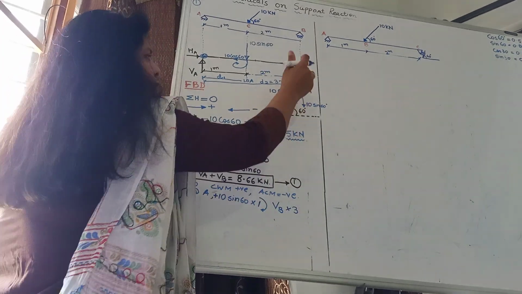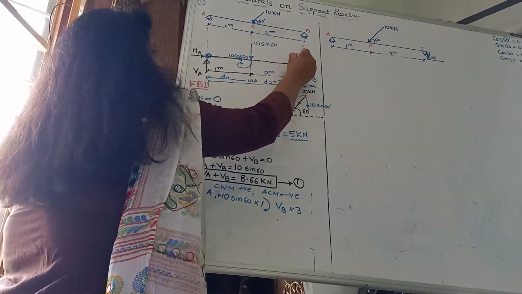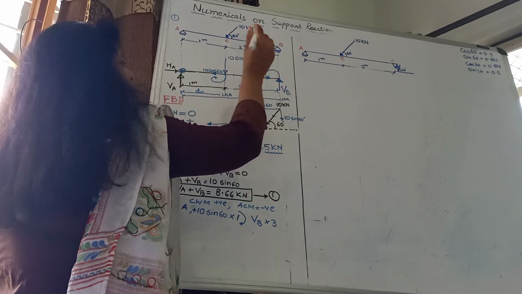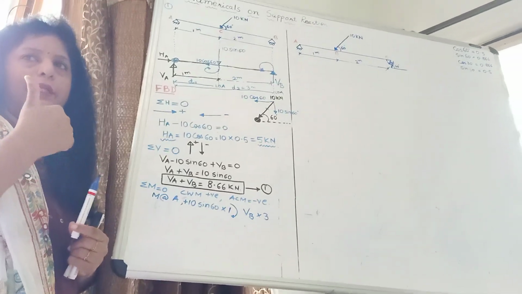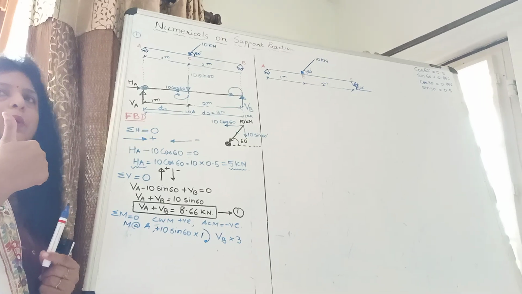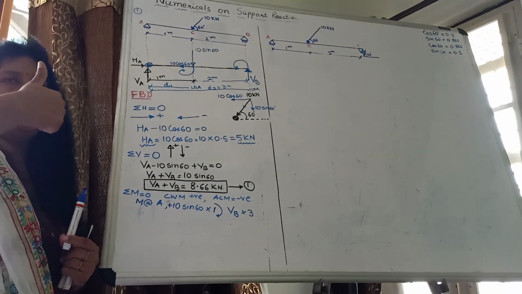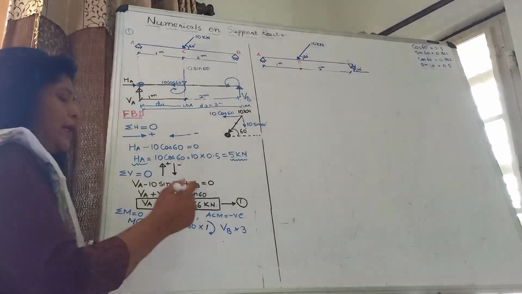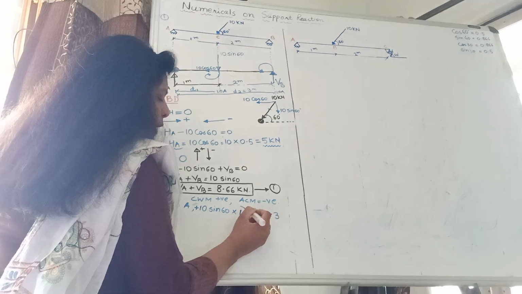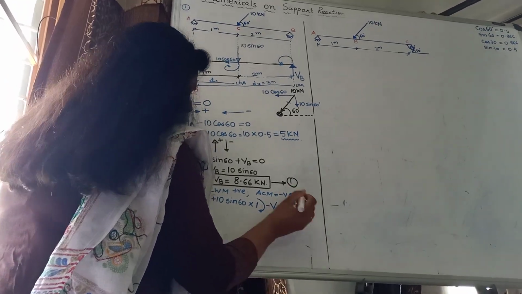How will it rotate? It will try to rotate in the anti-clockwise direction. The force is in the upward direction, so the thumb is in the upward direction and the fingers are showing the anti-clockwise direction. So it is minus, and this is anti-clockwise, that is equal to 0.